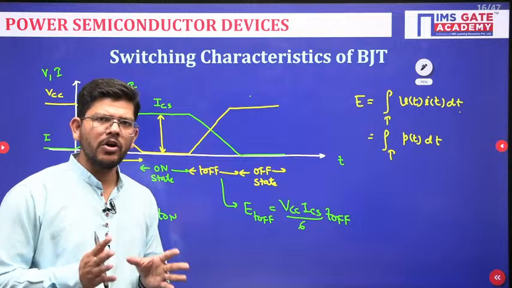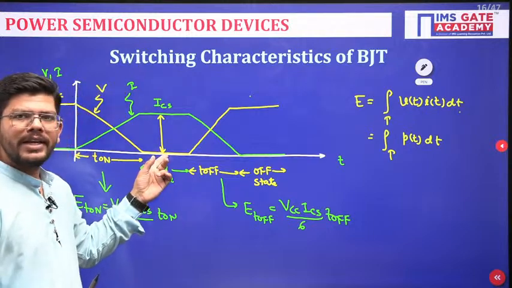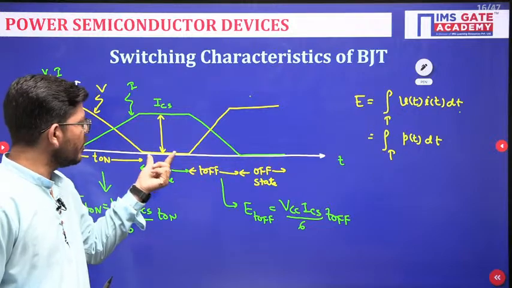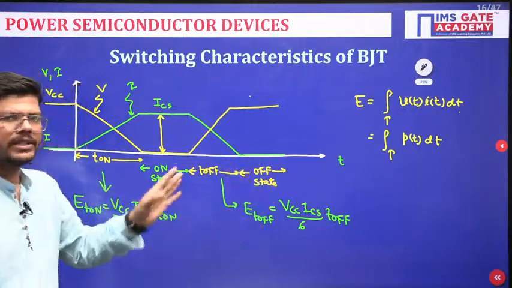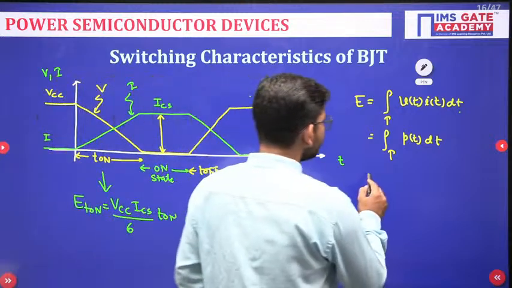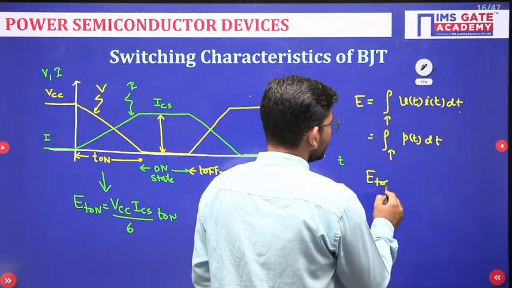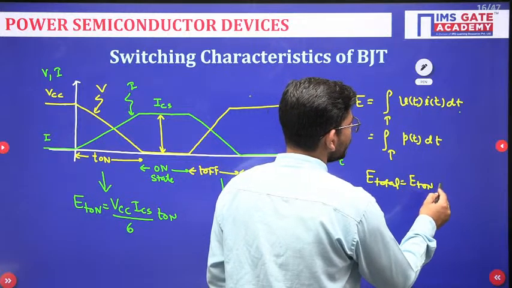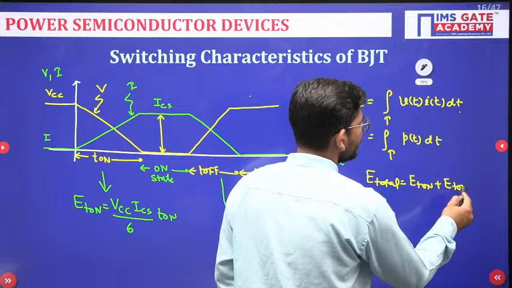If voltage is not zero here and current is not zero here, you will get some energy loss here as well, and you will calculate it in the same manner. Then the total energy will be E during T on plus E during T off.